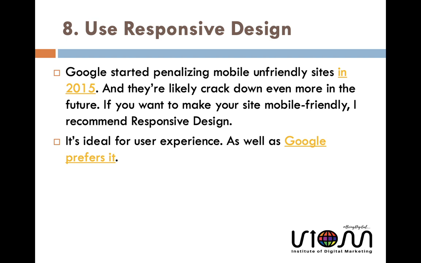You don't have to do anything here, because the website technologies we are using, like Blogger or WordPress, are responsive by default, so you don't have to do something extra. But if you have developed the website yourself, just check whether it is mobile friendly or not. If not, try to make it mobile friendly. You can take the help of a developer to do it.